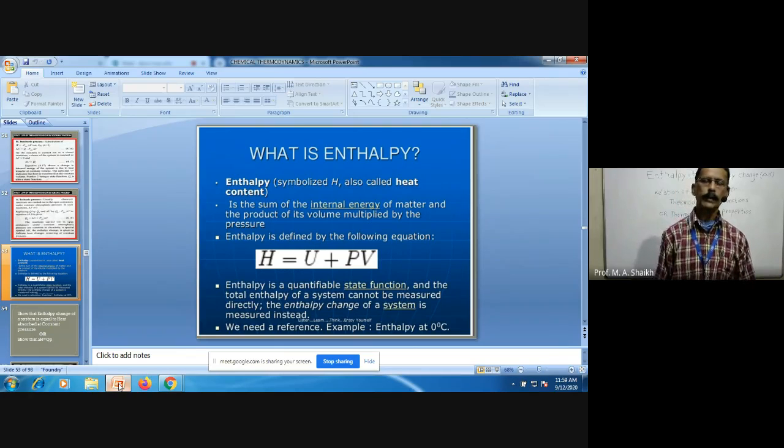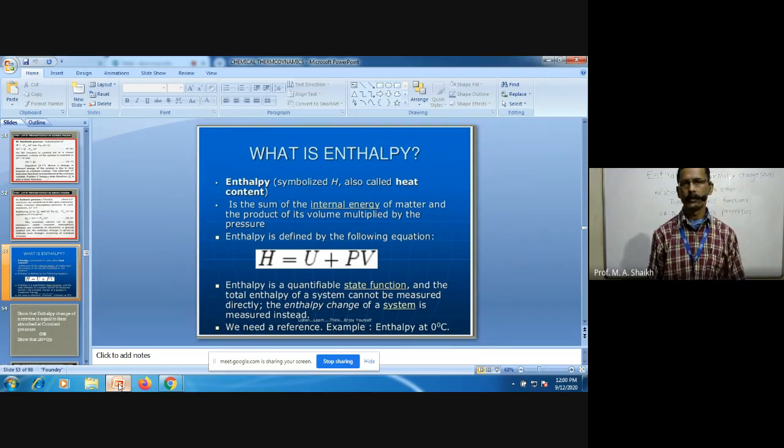Once again, enthalpy of the system is the sum or addition of internal energy of the system, that is U, and energy equivalent to pressure volume type of work. That is, in short, H is equal to U plus PV.